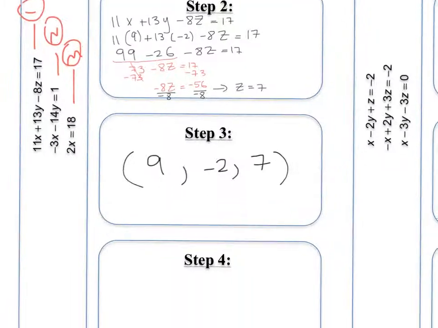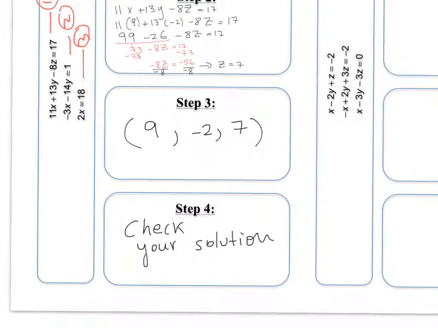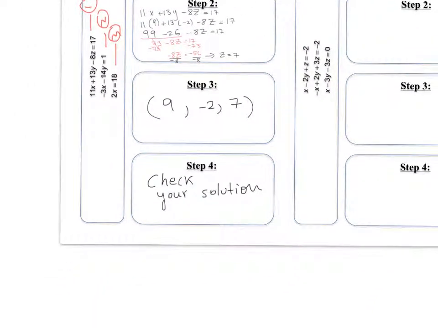Don't forget, always check your solution by plugging in your values in all three equations. So let's go ahead and try that. I'm going to try in the first one. So 11x plus 13y minus 8z equals 17. So 11 times 9, that's 99.